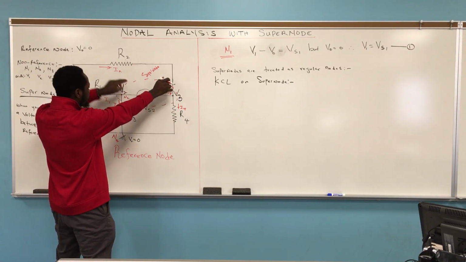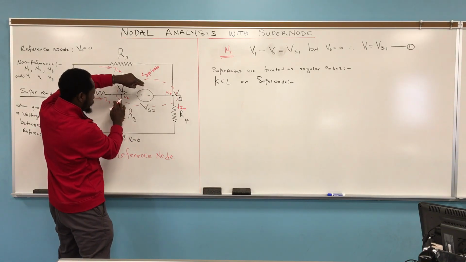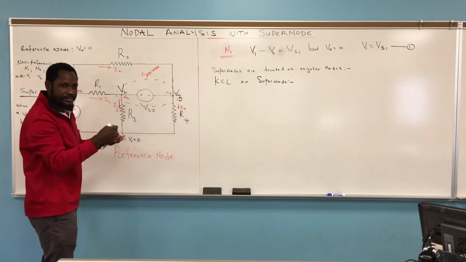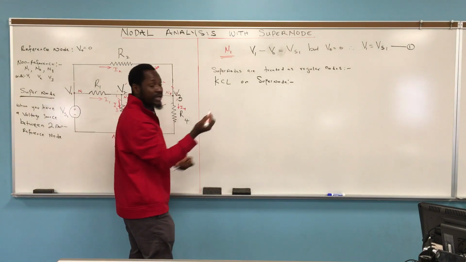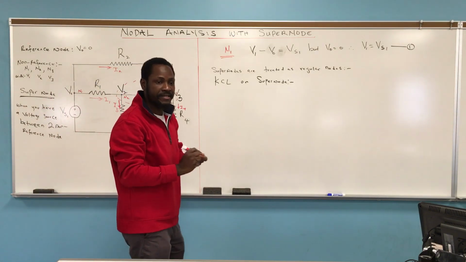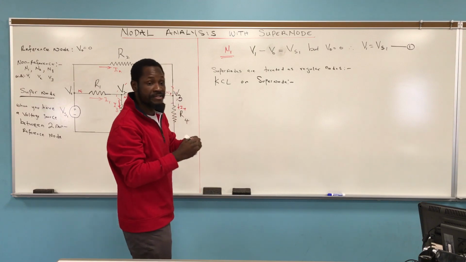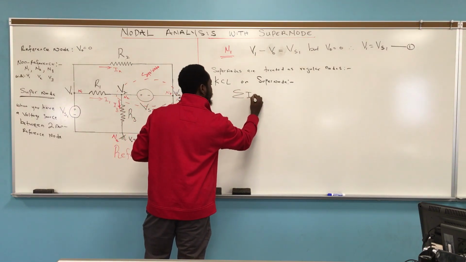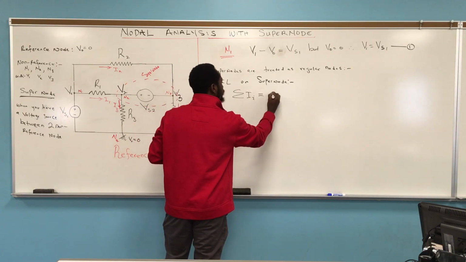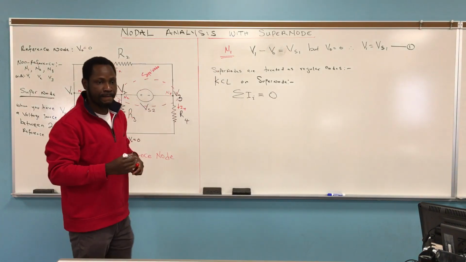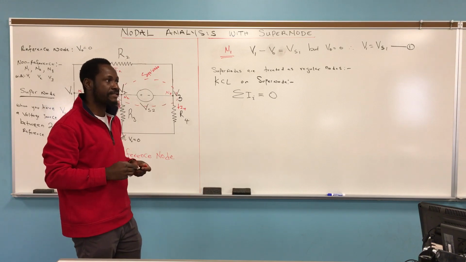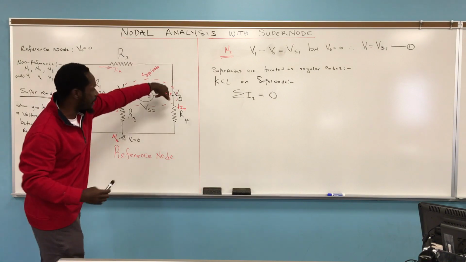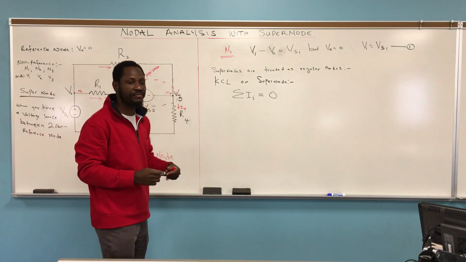Current coming in is equal to current going out. Do you see it? Yeah. Or we can use the sign convention that says current going in is positive, right? So summation of all the currents going into the SuperNode is 0, with the convention that currents flowing in are positive and currents flowing out are negative.